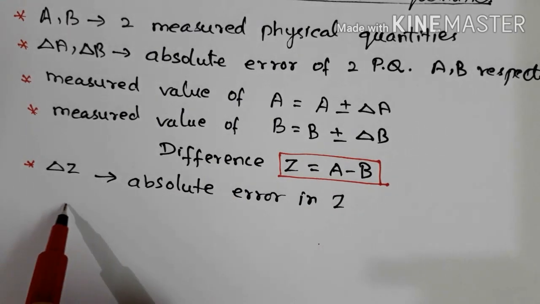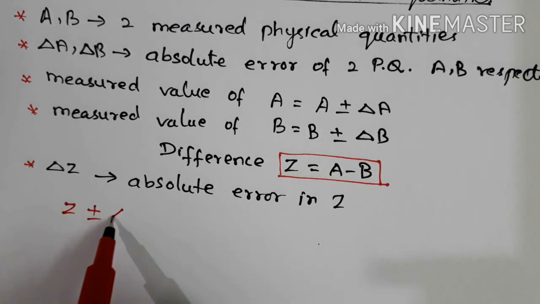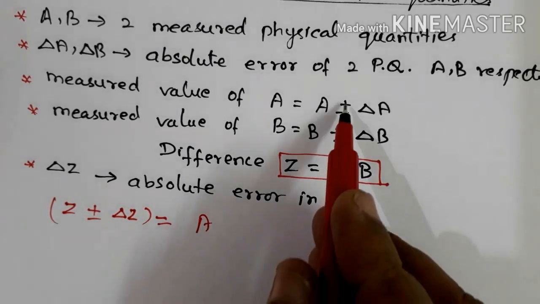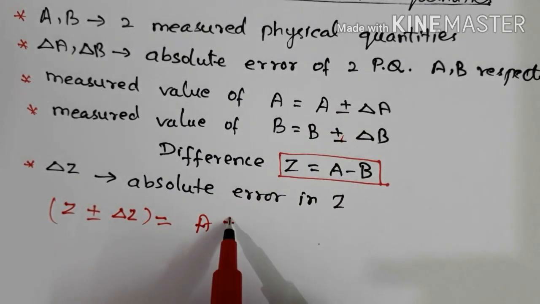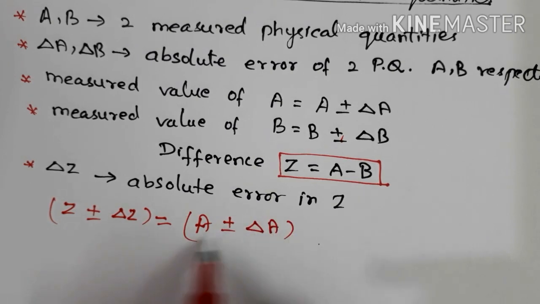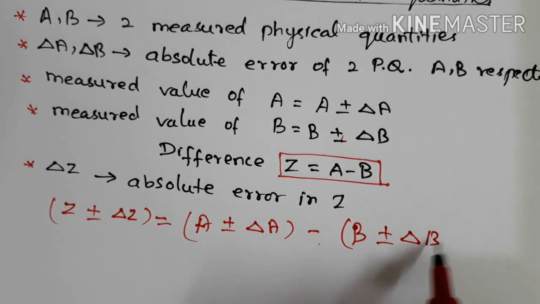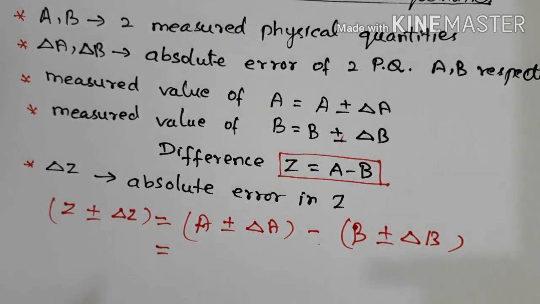So how to find the difference? Z ± ΔZ is equal to A. You are going to subtract these two: (A ± ΔA) minus (B ± ΔB). What will you do? You have to subtract these separately, plus or minus.